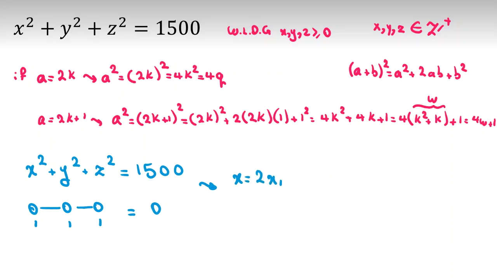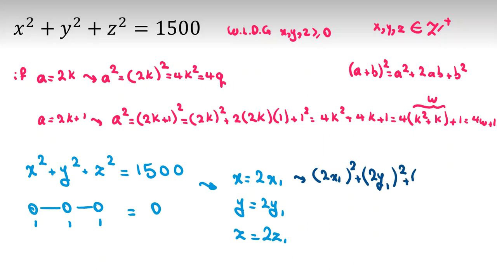We can say x is 2x1, y is 2y1, z is 2z1. And now let's replace these x, y, and z in the main equation. Then 2x1 squared plus 2y1 squared plus 2z1 squared equal to 1500.